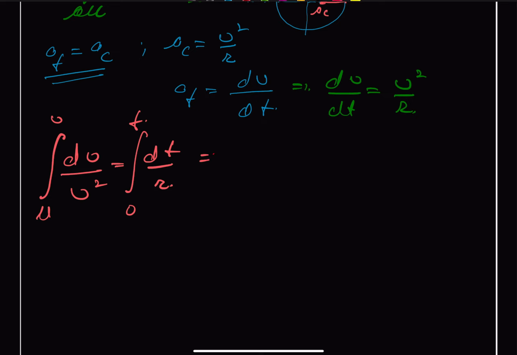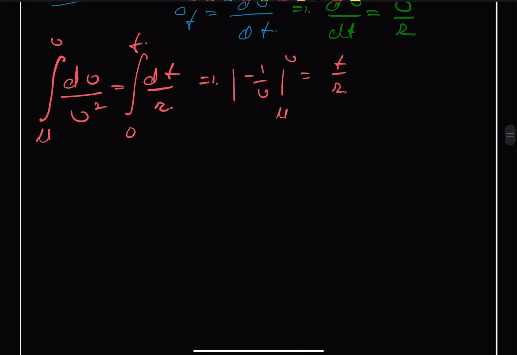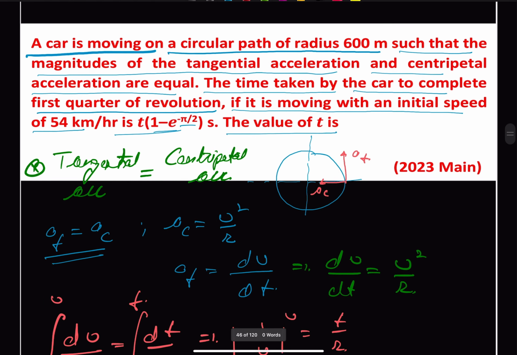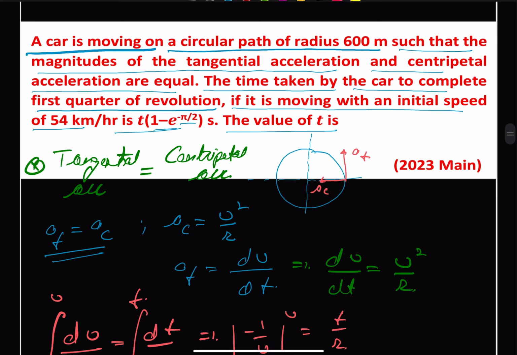So we can say this will be equal to minus 1 upon v, and uv is equal to, this will be coming as t upon r, and from here we get that t upon r is equal to 1 upon u minus 1 upon v, and it says that revolution, or we can say it is with respect to the first quarter. Okay.